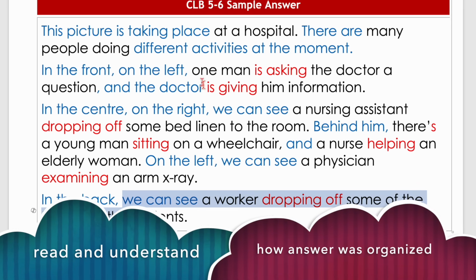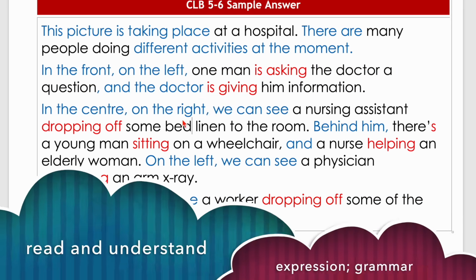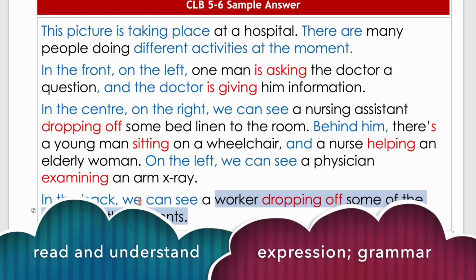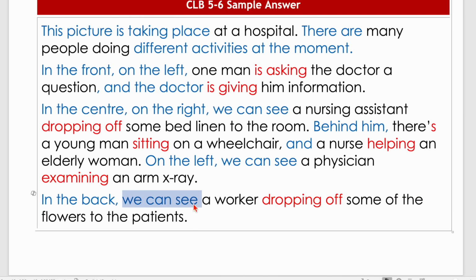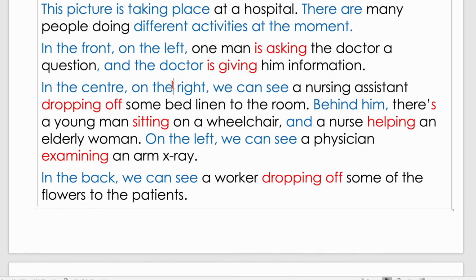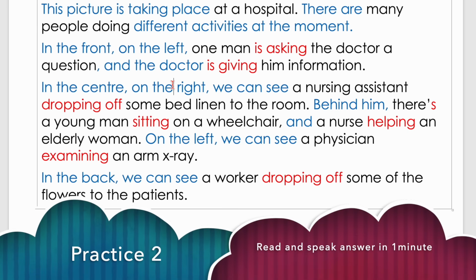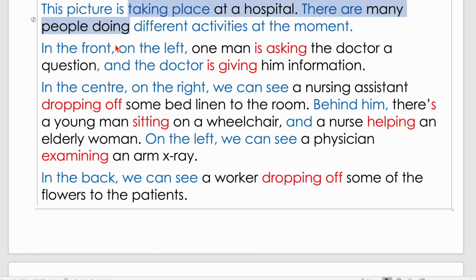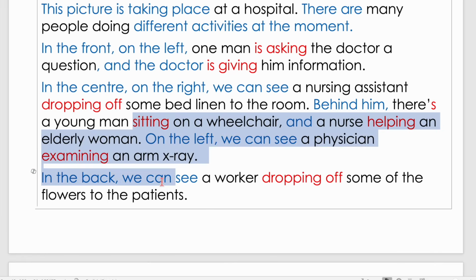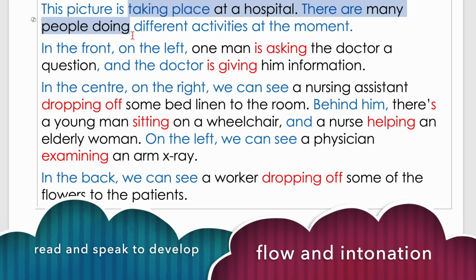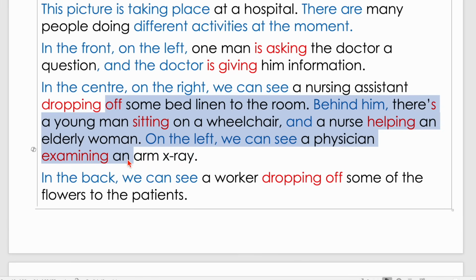Read and understand how we form the ideas, how we express them using present continuous, how we express them using we can see, there is, and one man. Okay, very important to read and understand how we expressed the ideas, okay? Then it's very important to read and speak this answer in 1 minute, like we did, okay? To practice our flow and intonation. Very important to read and speak the answer, okay?